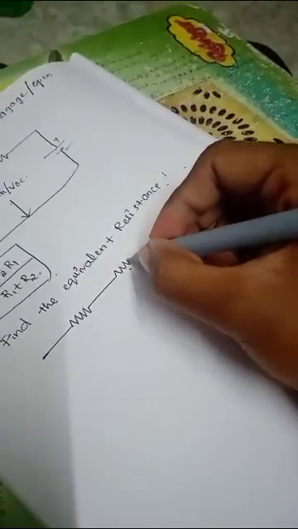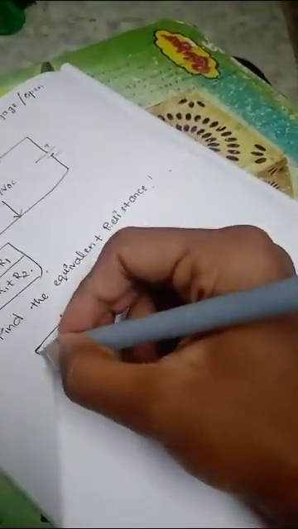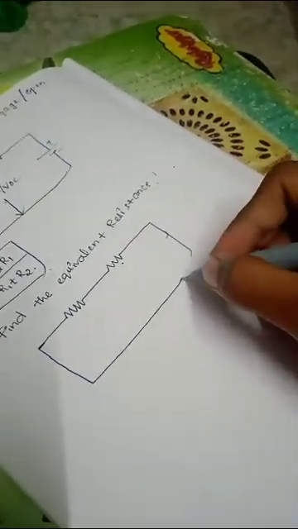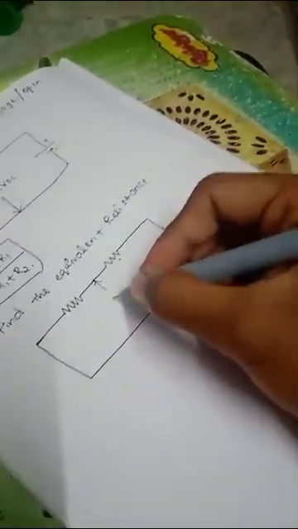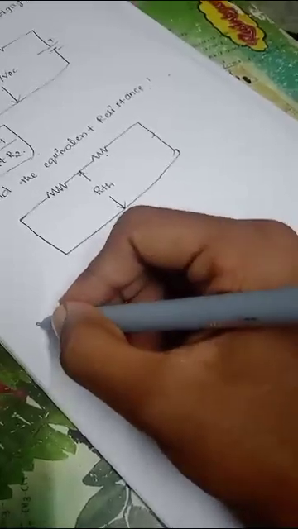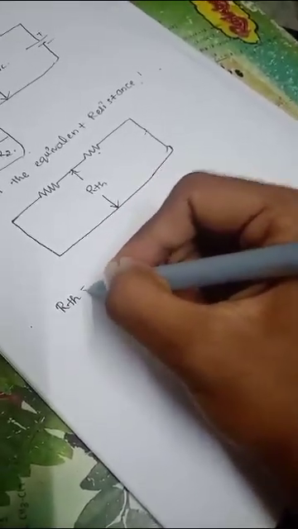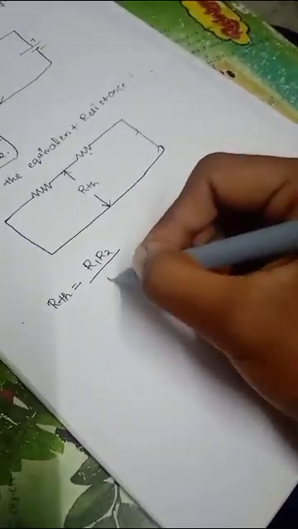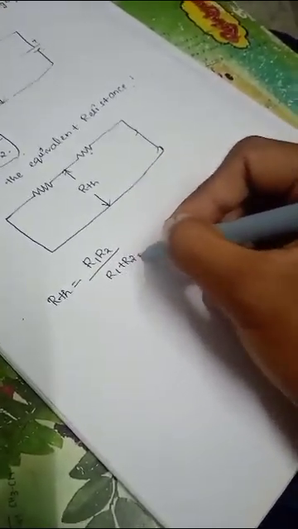You have to take two terminals, two resistors. In the place of VTH we have to replace it with RTH. So we are finding Thevenin's resistance. Then what is the formula for Thevenin's resistance? It is RTH = R1 R2 / (R1 + R2). This is the Thevenin's resistance formula.